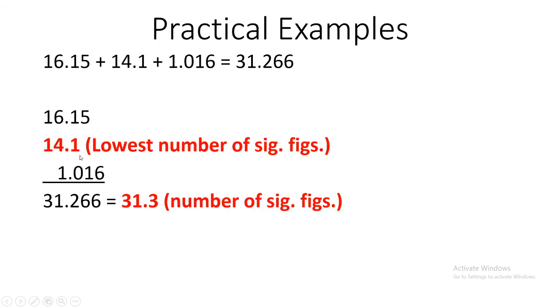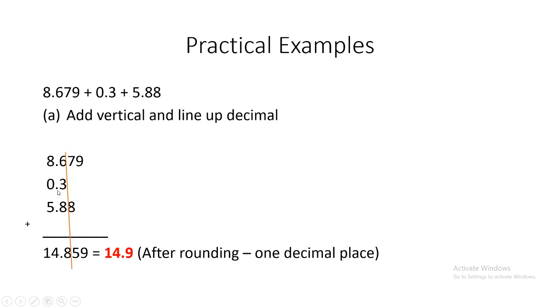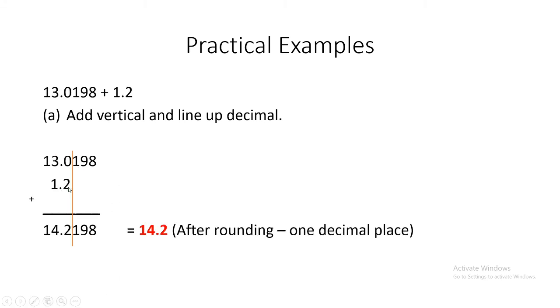And adding, you take the number with the lowest number of decimal places, which is this one. You're only as accurate as 1 decimal place. So after rounding, you have 1 decimal place here. So after rounding, 1 decimal place here. Same here, 1 decimal place. So after rounding, 1 decimal place here.